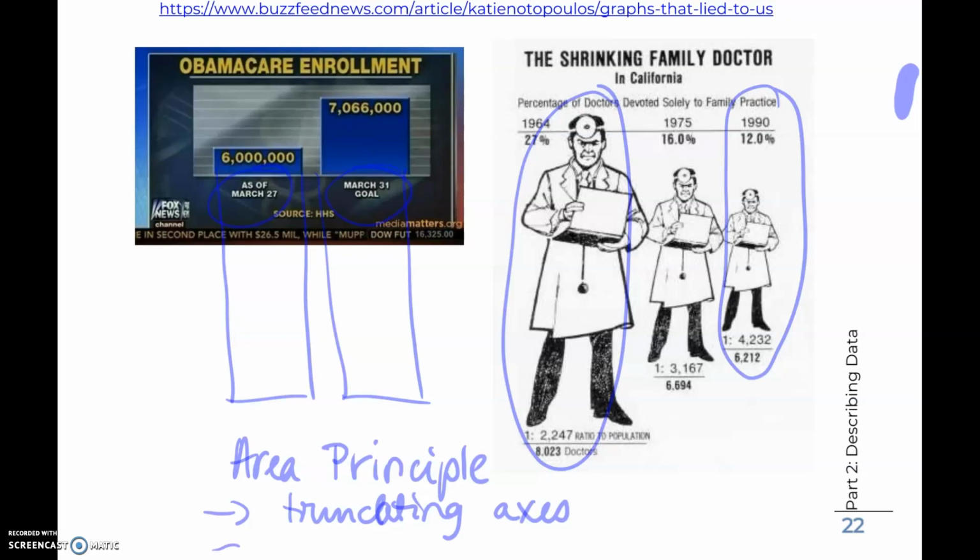And then oftentimes having a fancy pictograph, like a fancy picture or illustration, is also another thing to look out for. So oftentimes it's much better just to use a nice bar graph instead, or pie chart.